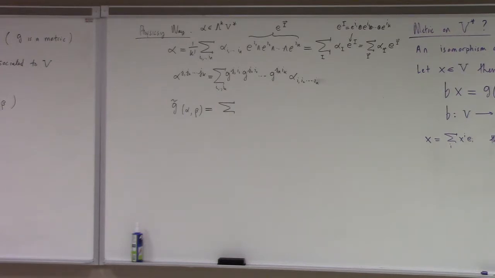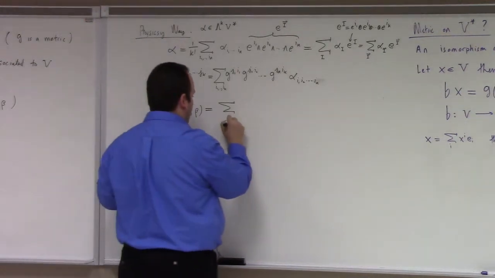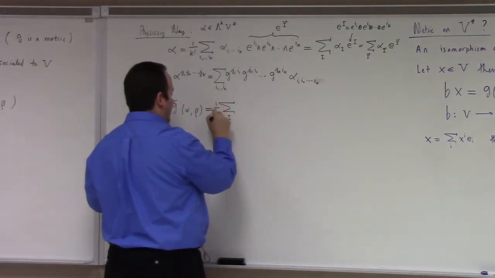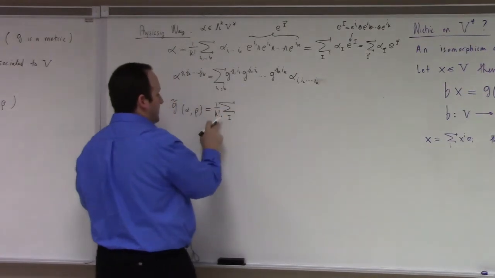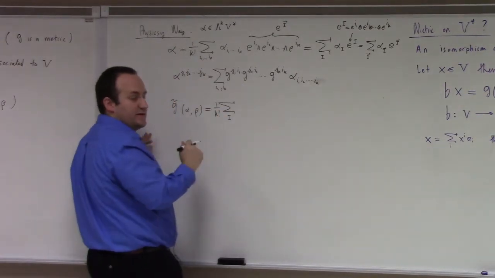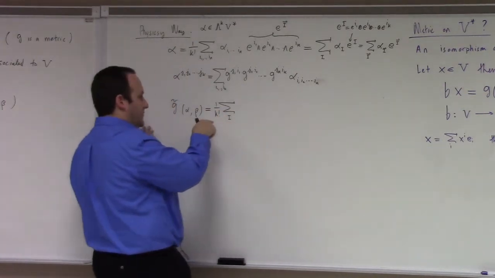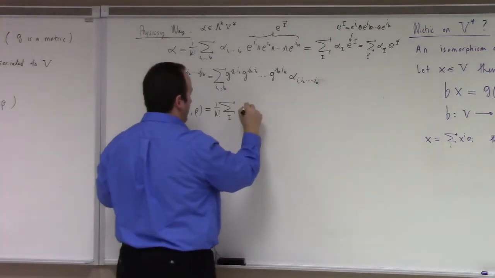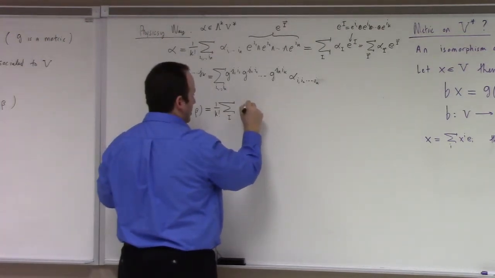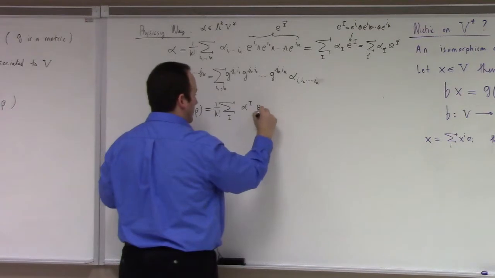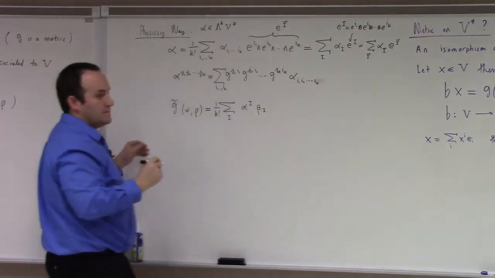It'd be the sum over all possible I, 1 over k factorial. So this is all multi-indices, not necessarily increasing multi-indices, sum over I of alpha^I beta_I, like that.